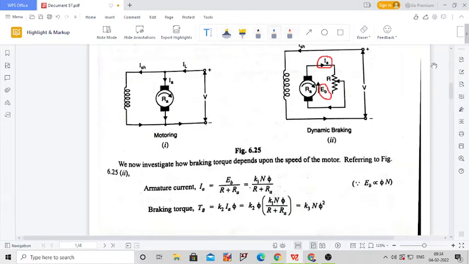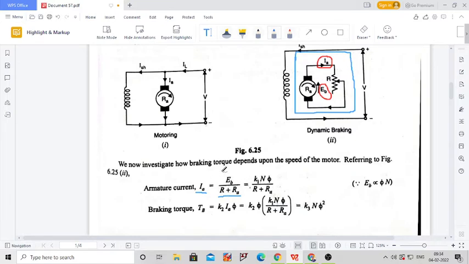We are talking about the armature circuit only, not the field circuit. The total resistance becomes the armature resistance Ra plus the resistance of the variable resistor R. So during braking, the braking current Ia is equal to the EMF Eb divided by R plus Ra.